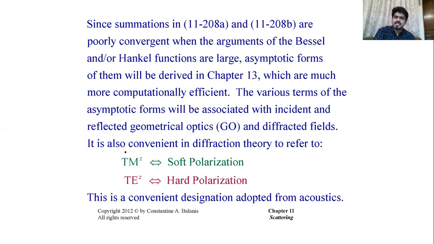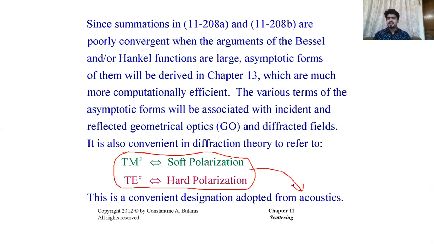Again, as I've been mentioning, TM to Z polarization is called soft polarization, and TE to Z polarization is called hard polarization. This terminology originated from the field of acoustics. In acoustic waves, you see this kind of diffraction a lot in real life, from your doors or your windows, since the wavelength is much larger for acoustic waves compared to optical waves, electromagnetic waves, or radio waves.